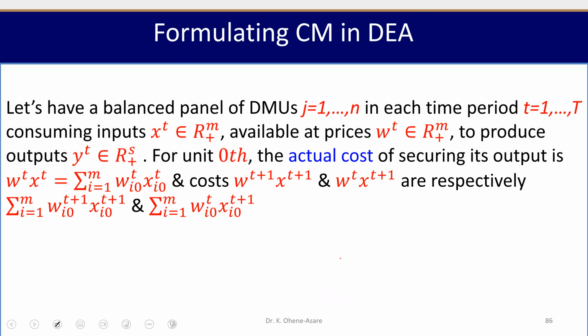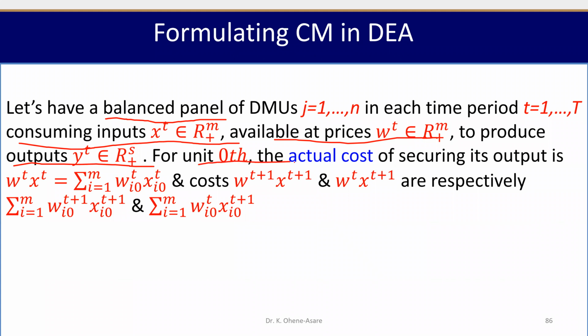Now, how do you formulate the cost Malmquist productivity in DEA? Let's have a balanced or an unbalanced panel. Balanced or unbalanced, but for now, let's write it as if we are balanced. In fact, when we write the notation, nothing even shows that it's balanced or unbalanced. But we have a panel of firms. In each time period, they are consuming some inputs available at some prices, and they are using these to produce some output.